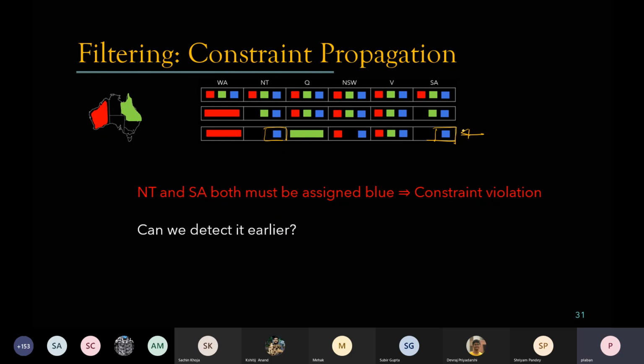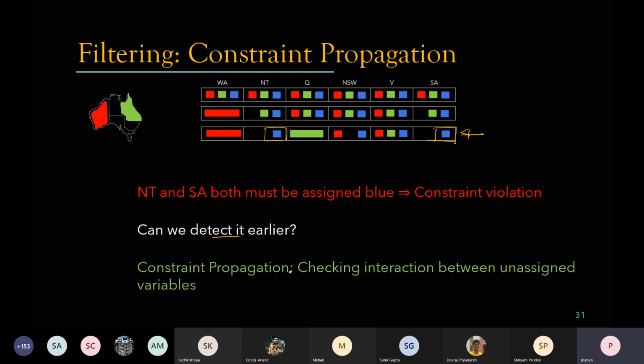So we want to detect it earlier. And the way to detect is to propagate the constraint from one part of the network to the other part of the network. So basically here we will be checking different kinds of interaction between the unassigned variables, right?